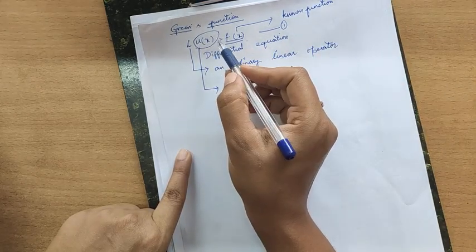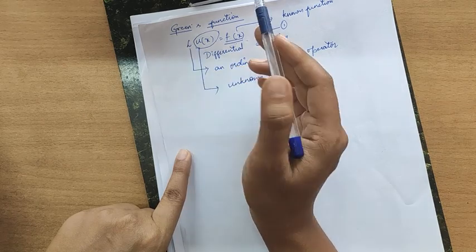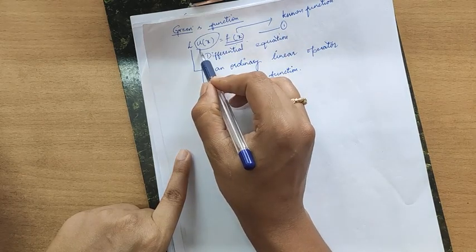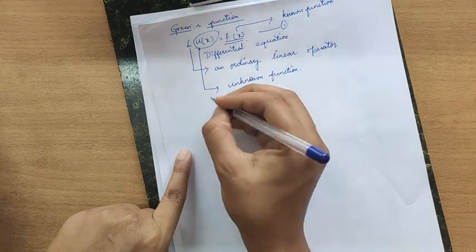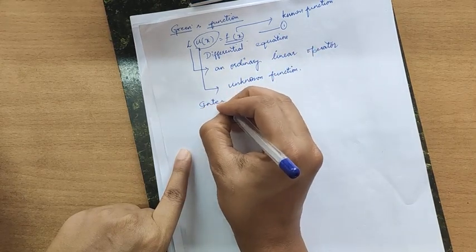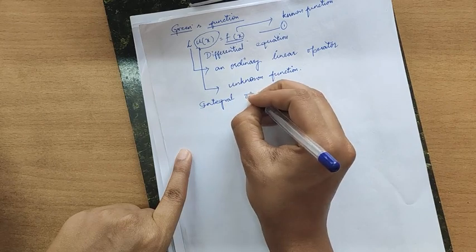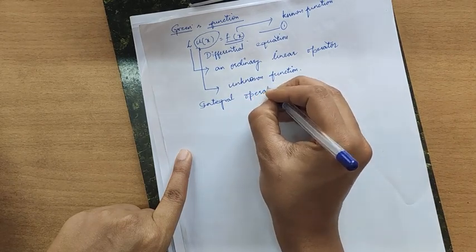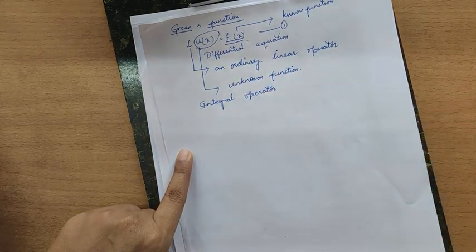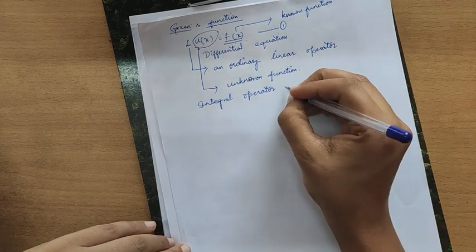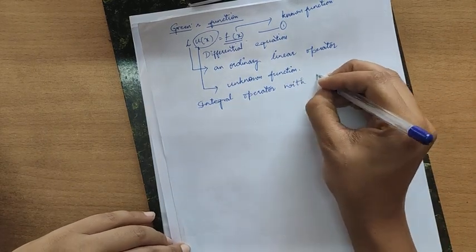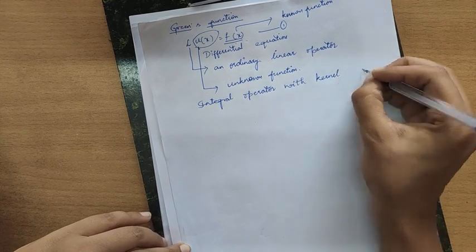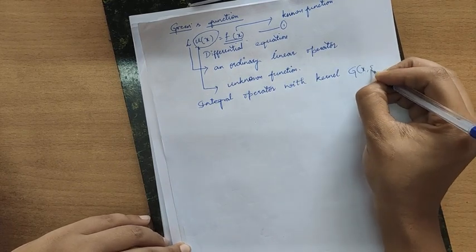I have to find the operator L inverse. So that L inverse operator will be in the form of an integral operator with kernel g of x comma z.